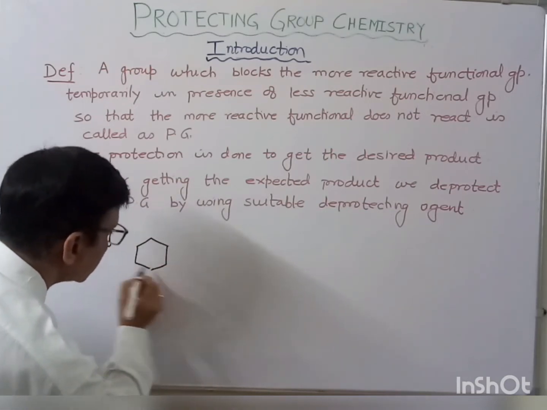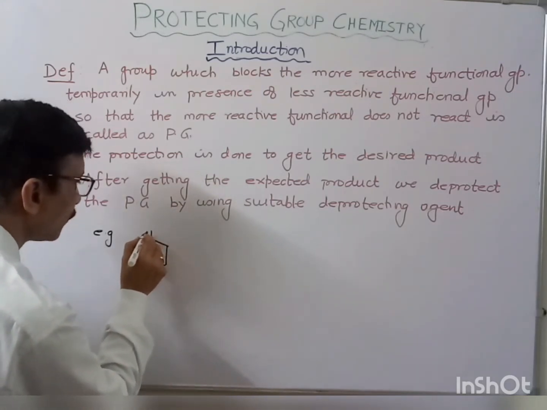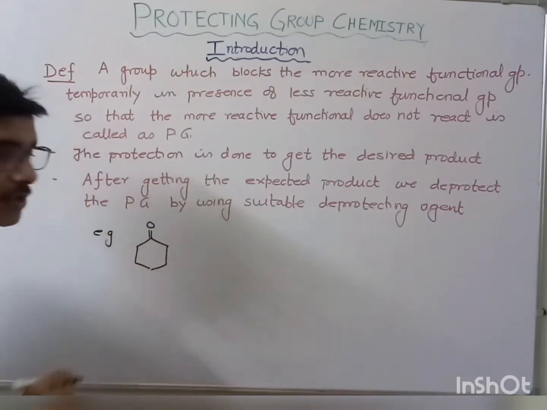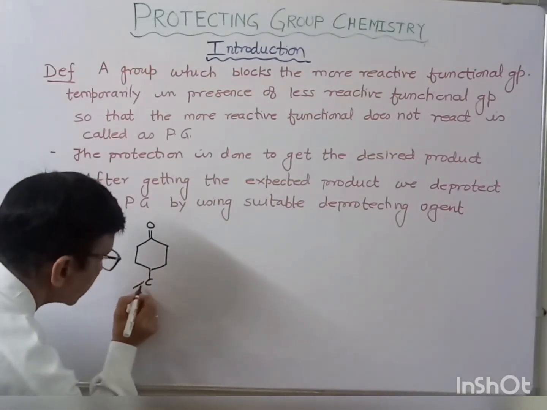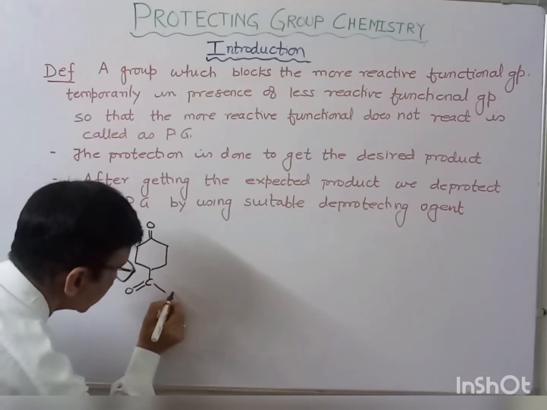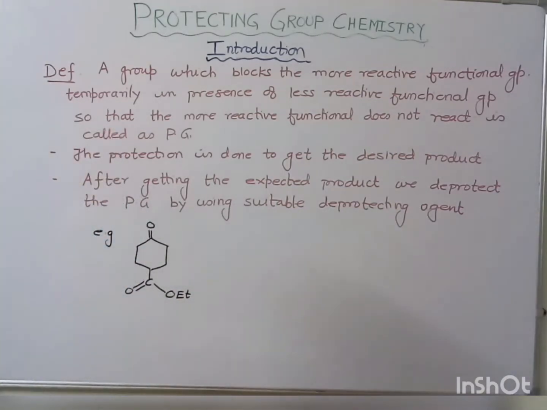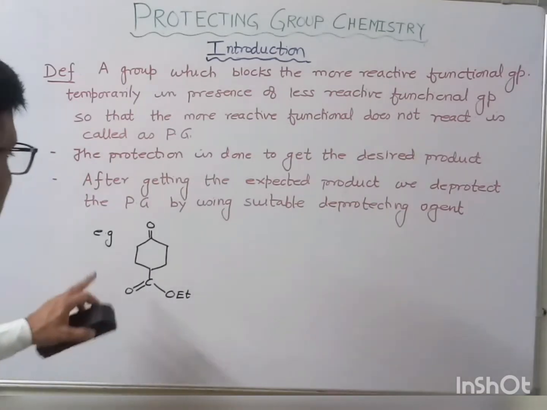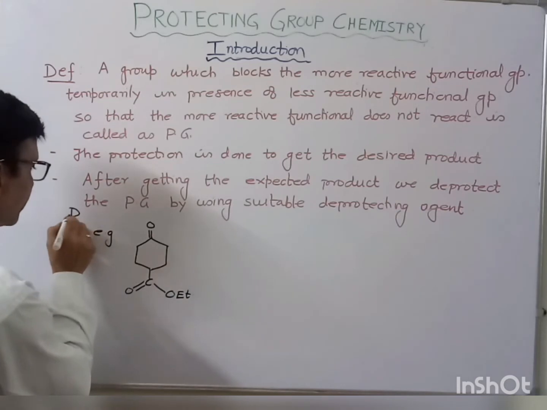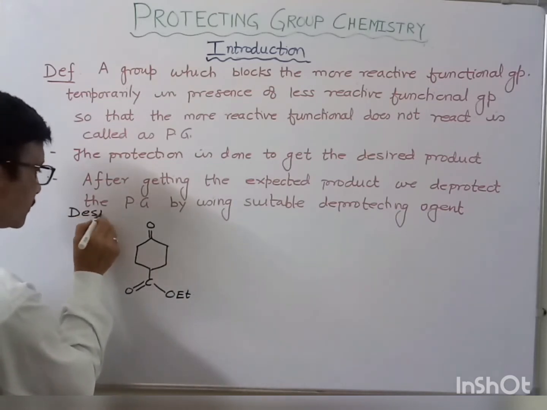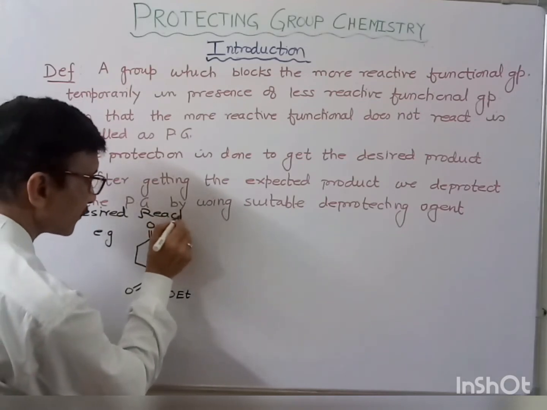Now first let's take one of the examples. Suppose we have this molecule, and in this molecule we have two functional groups. One is this keto functional group, and another it contains this ester functional group. Okay, and we want to get the desired product. Suppose the desired reaction, so I am writing the desired reaction.